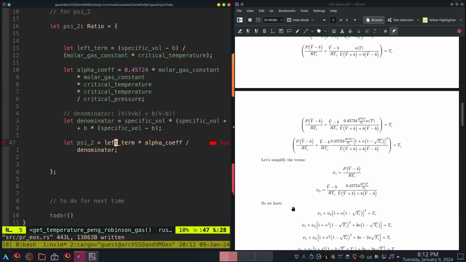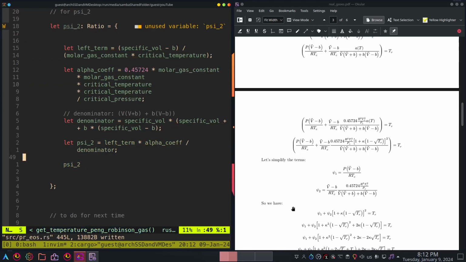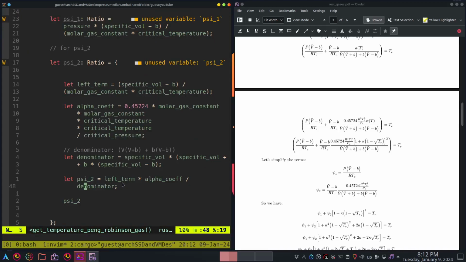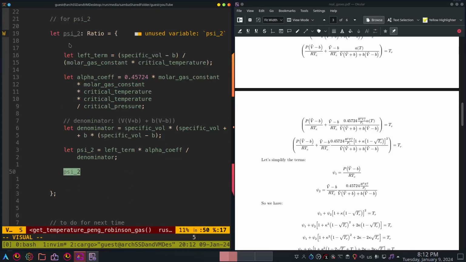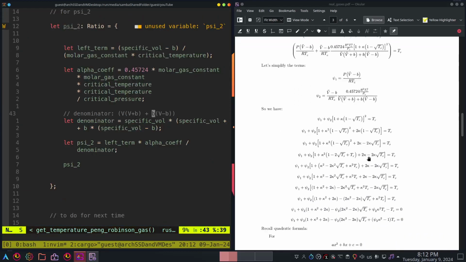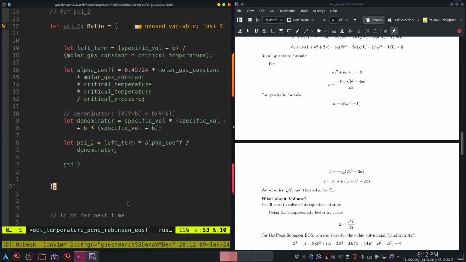Let's see whether I'm going to return sci2. This is how you return sci2 inside this little thing. So sci2 is right here, equal to left term times alpha coef divided by denominator. This is the sci2 I'm talking about. So we have a sci2 and a sci1, and now we can straight away compute A, B, and C.